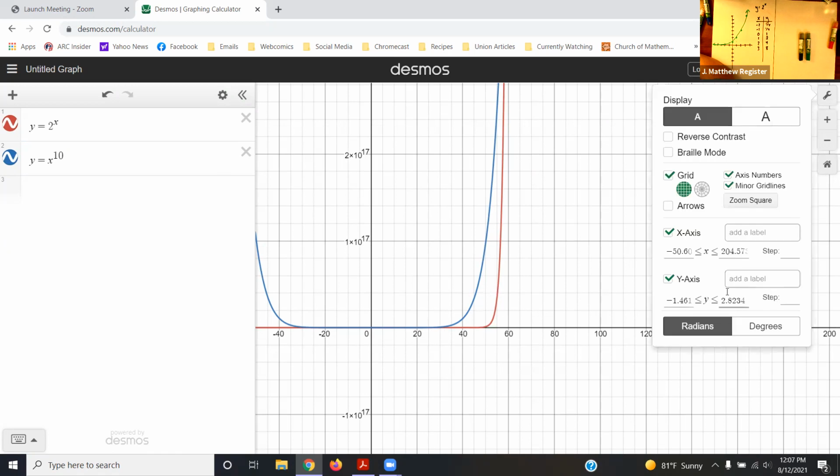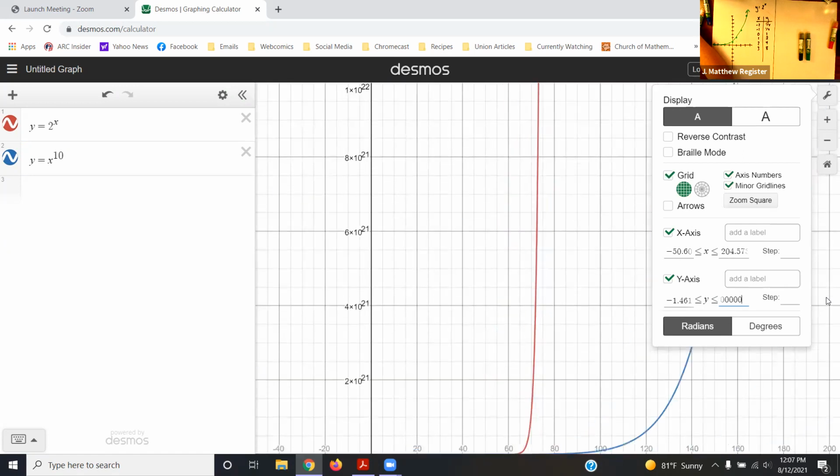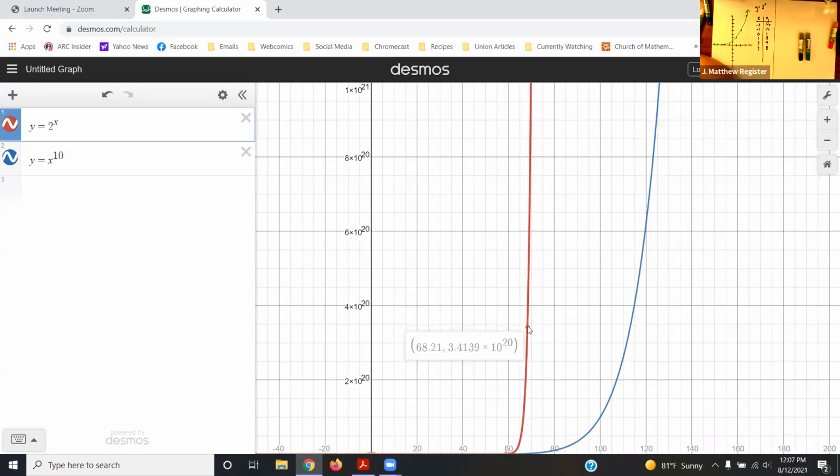But as soon as we let that y value get big, and I mean big, big, the 2 to the x overtakes it. And it'll overtake it every time. And so at this value, let's say up here, we're right around 70. At 70, we're going to be at 8 times 10 to the 20th.